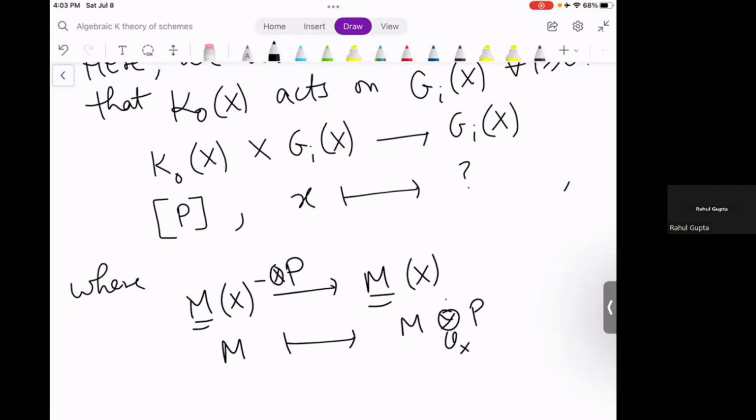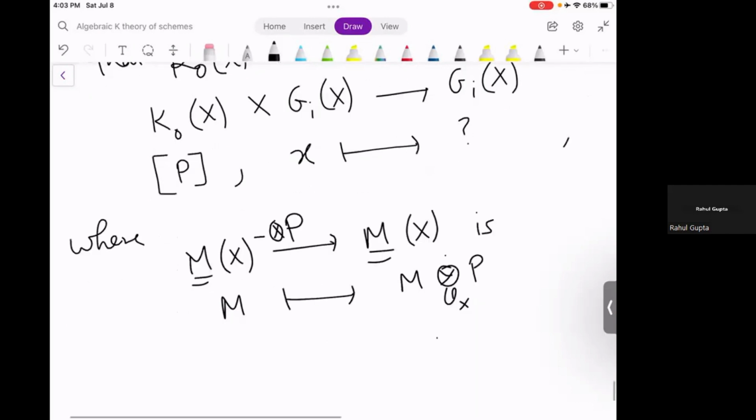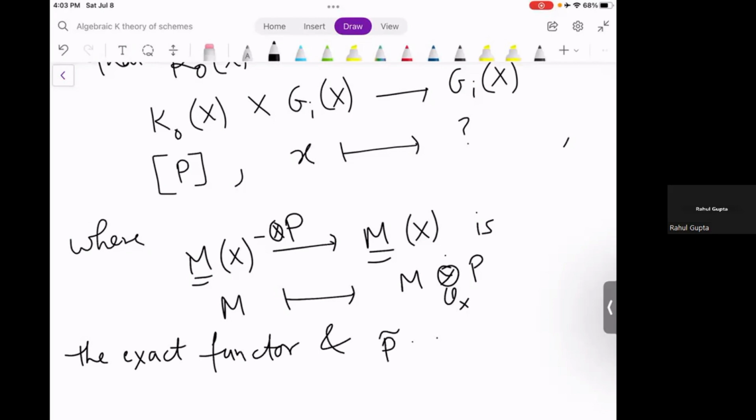And because P is locally free, this map is actually exact. This is an exact functor, which comes out as a product. And we write the induced map, say P tilde, with an induced map on this.